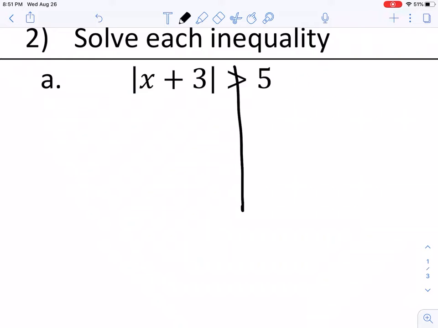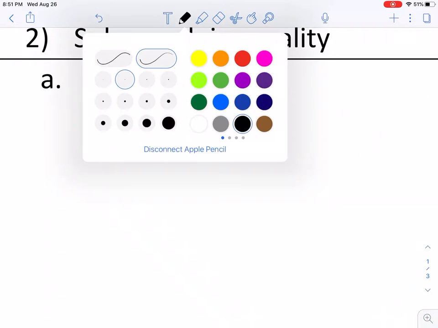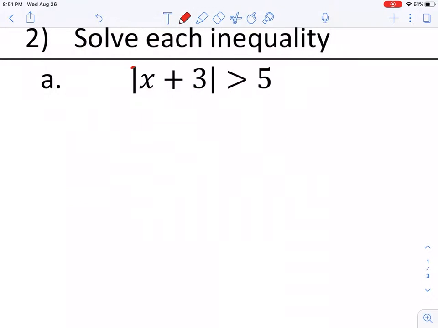The way we get rid of the bars, you can kind of think about doing it this way if we have our absolute value bars. You can think about you're taking a bar and you're using it to create your first equation there. And you're taking a bar and you're using it to create your second equation there.